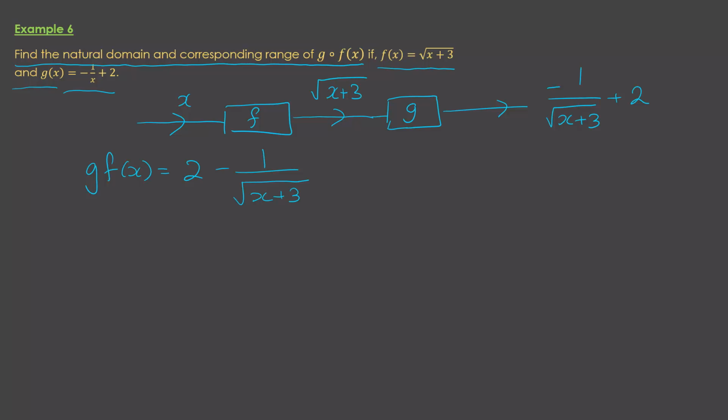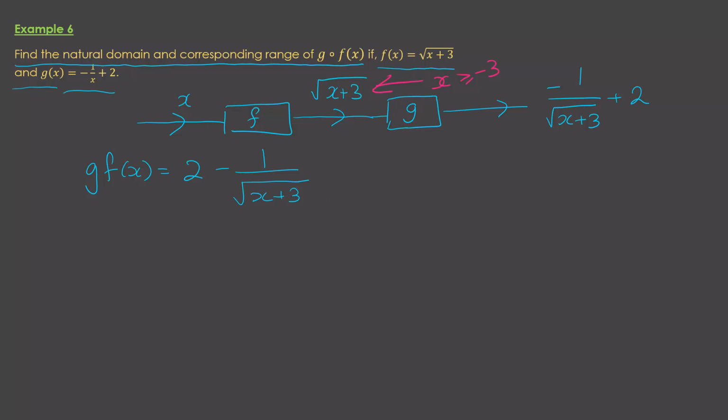When we're considering the domain, let's think about input into x plus 3 first. We know we can't have a negative under the square root, so that would suggest that x is greater than or equal to negative 3.